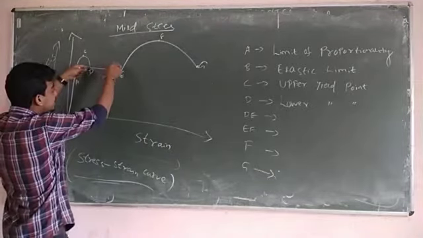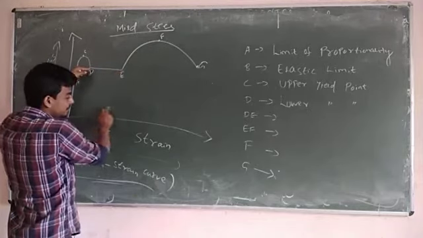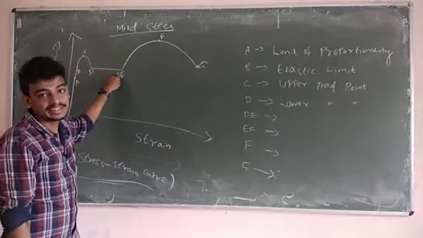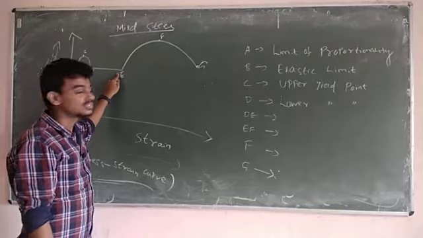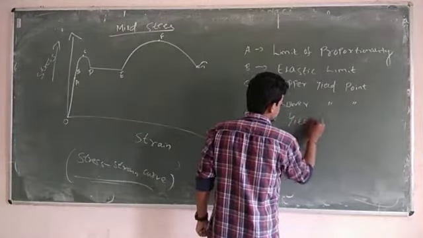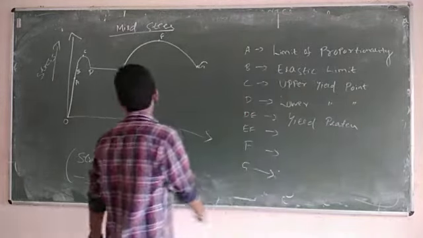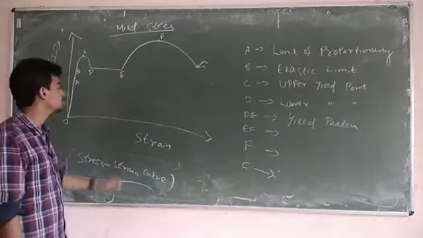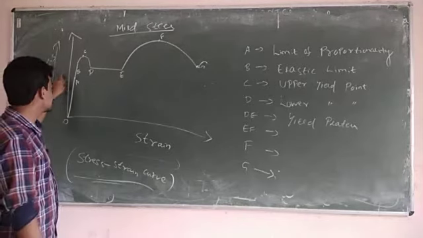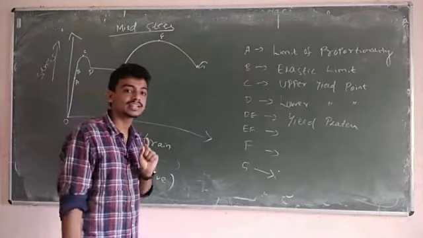You can see in DE the length is increased, strain is increased, but stress is constant throughout the DE length. This region is specially called the yield plateau. The DE region is called the yield plateau. In this region, plastic deformation occurs without increasing any stress. Only strain and deformation increase.